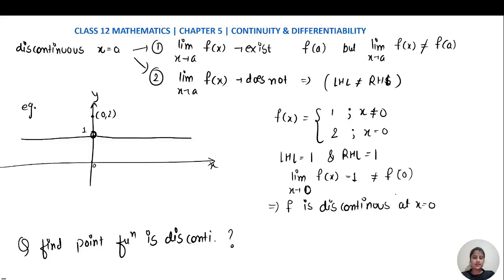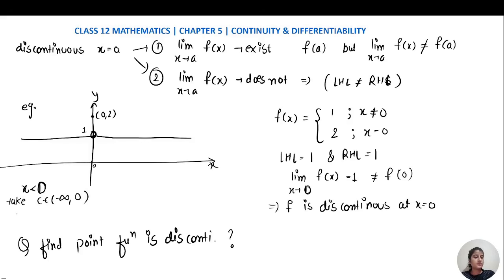So here we can see that the function is continuous everywhere else. For example, take any point c in minus infinity to 0, open at 0.